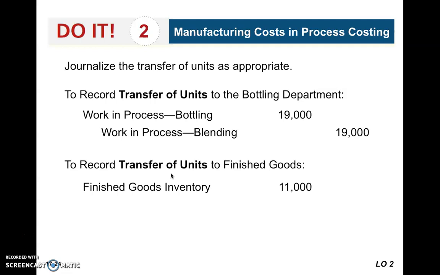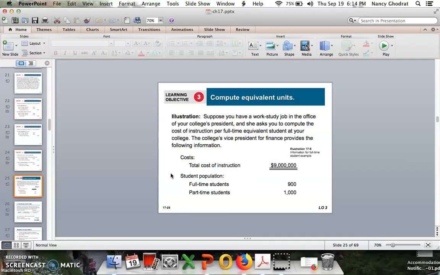And eventually, the last department's work in process, once it's finished, goes to finished goods. So that's the only difference between the journal entries in chapter 16 and 17.